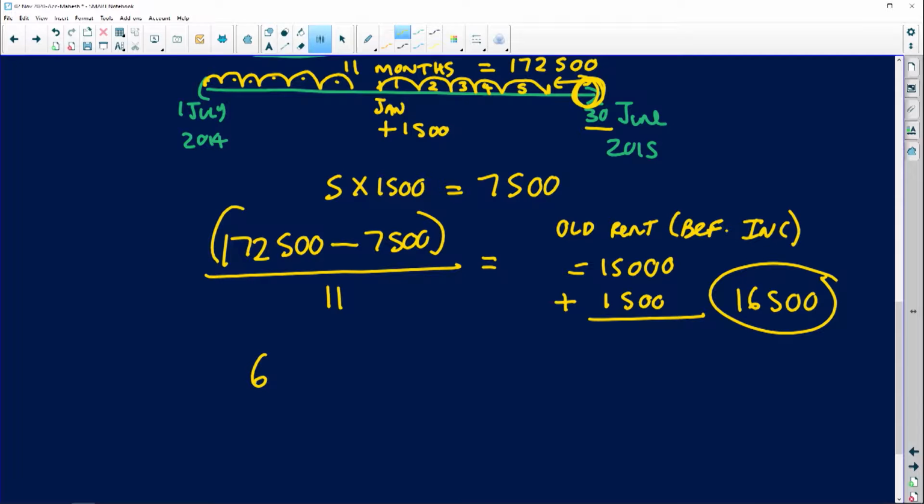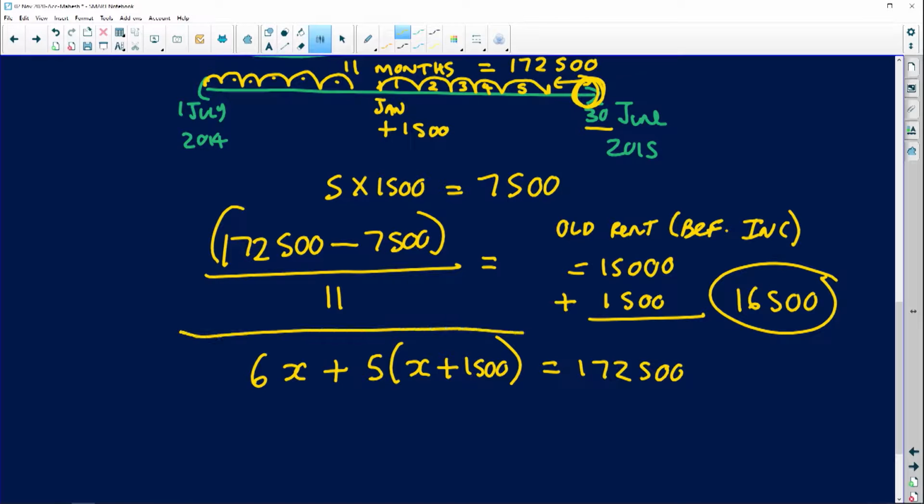So for 6 months, your rent is obviously X plus, and then for the next 5 months, your rent is X plus 1,500, and that is obviously equal to the total, which is 172,500. Remember, what we're doing now is we're just solving for X and making sure that we get that same answer, because many of you like to solve for X. X is the monthly rent.